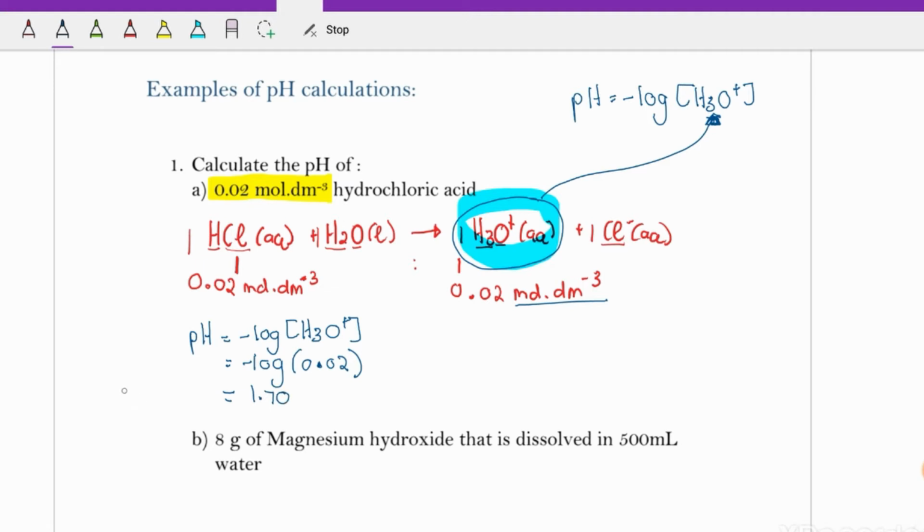Okay, it was 1.698, but I just rounded it off to 1.70. Okay, so that was the pH for the first one.